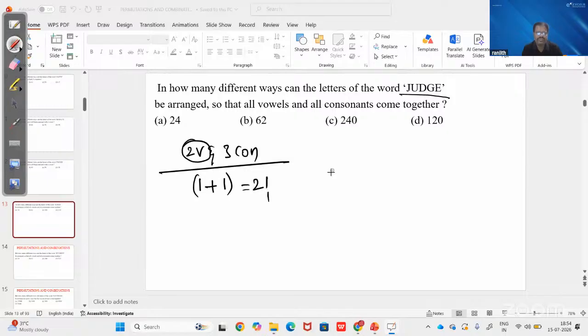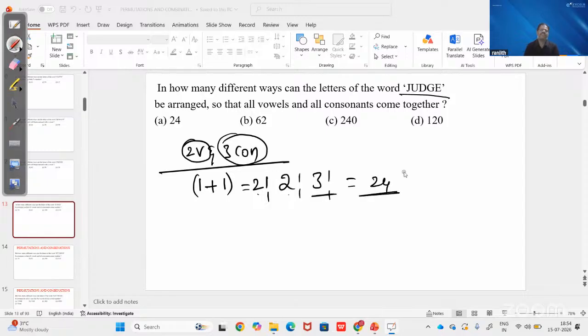All vowels are arranged in 2 factorial ways, all consonants in 3 factorial ways. So the answer will be 2 into 2, 4, 4 into 6 equals 24.